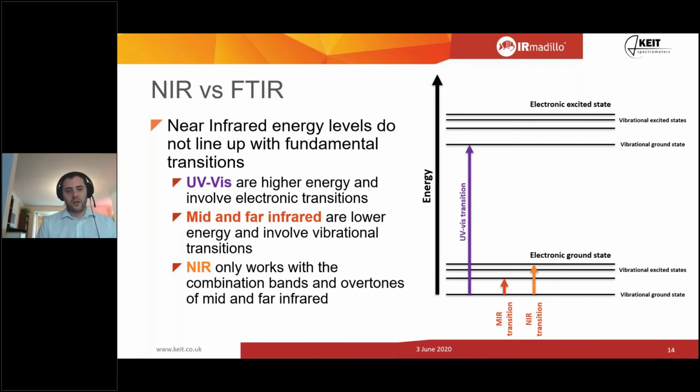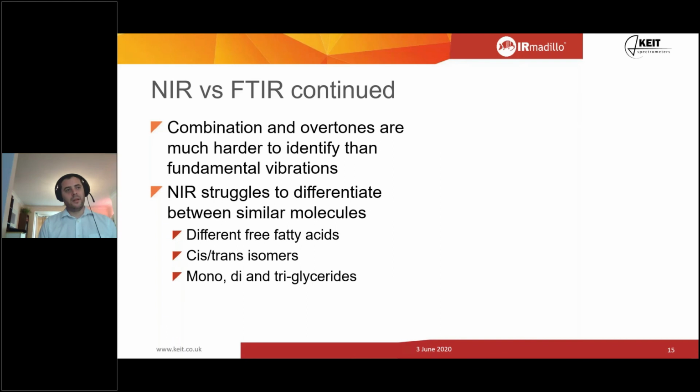For near-infrared, we jump up multiple rungs on that ladder. And it's very difficult to work out how many rungs you've jumped up, what this actually correlates to, and what you're looking at. What that means is that near infrared, which is called combination and overtones rather than fundamental transitions, is much harder to identify.